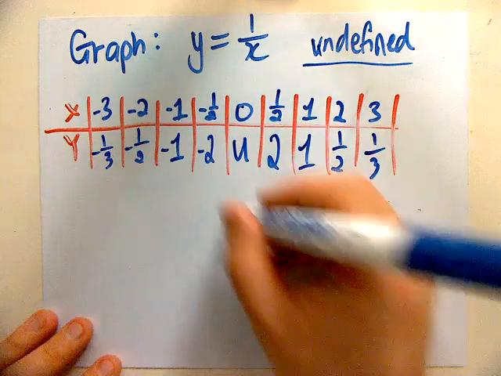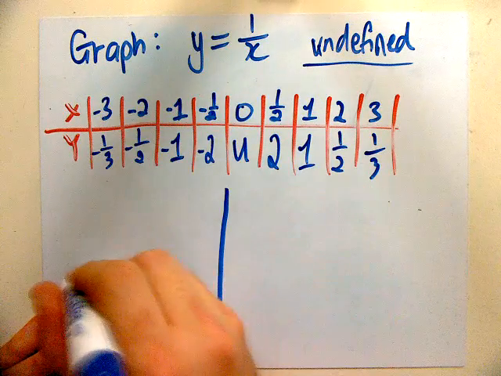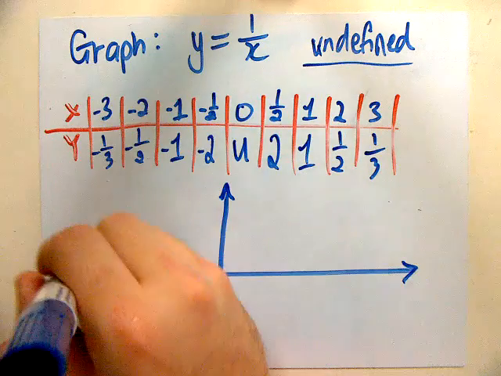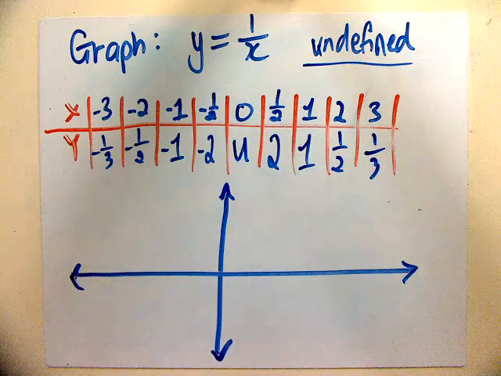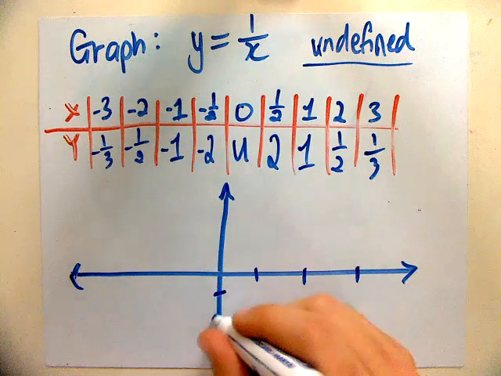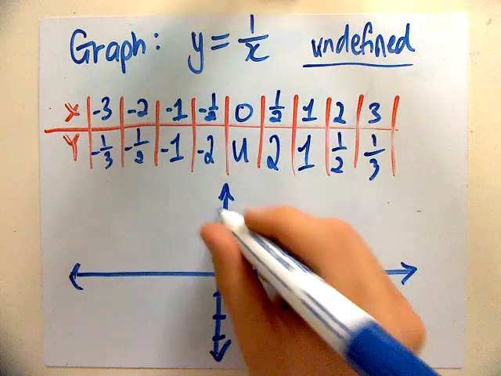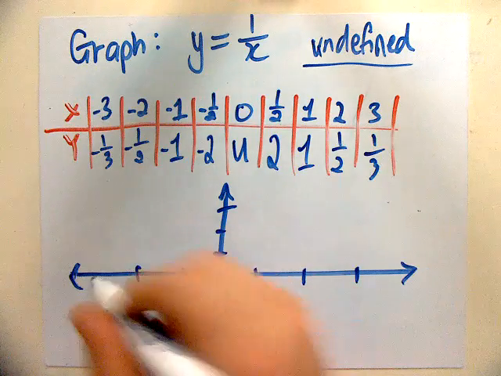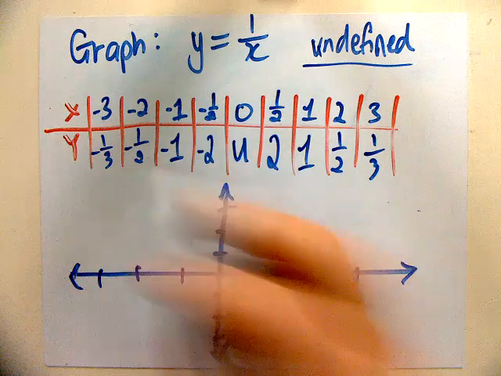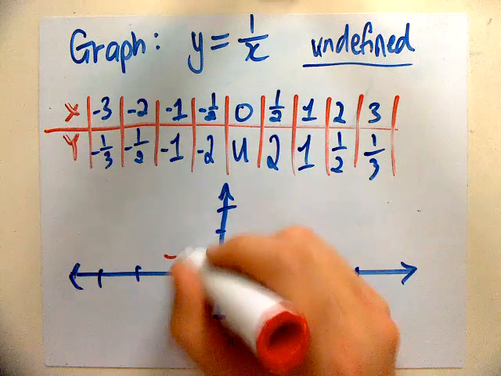So I'm going to draw my graph here. I'm going to be careful to make sure I split this exactly in two, because you're about to see the main trait of a hyperbola. So I need 1, 2, 3, 1, 2, 3, 1, 2, 3, 1, 2, and 3.